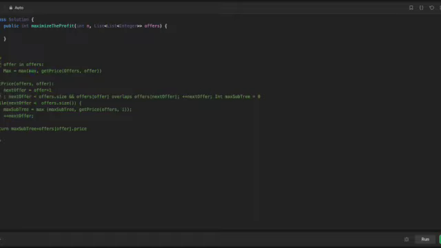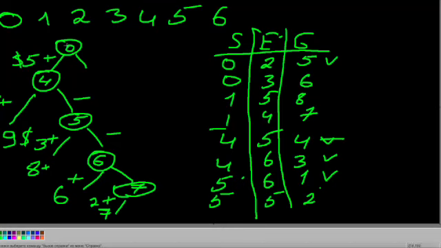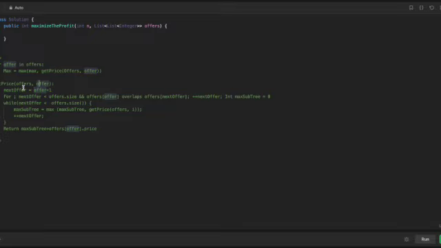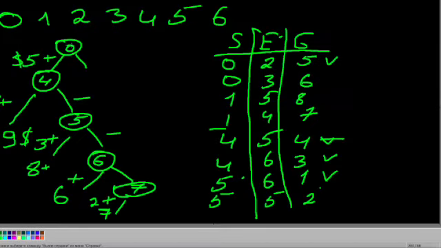It's gonna find us the profit that we have after we choose the given offer. So for example, in our case, if we choose first offer, we're gonna call this function with the list of offers, and offer index will be 0. That means we chose this offer. Now tell me what's my maximum after choosing this.